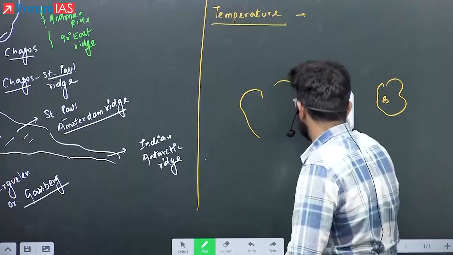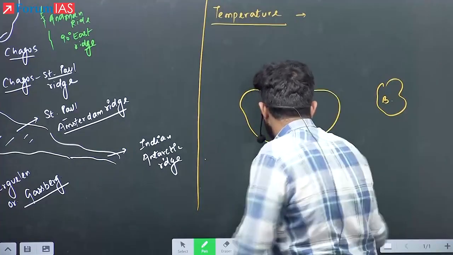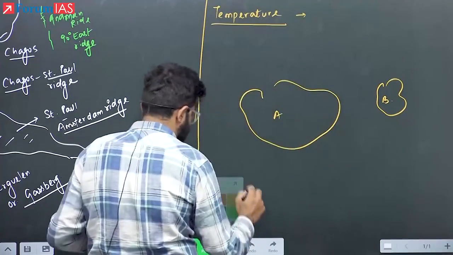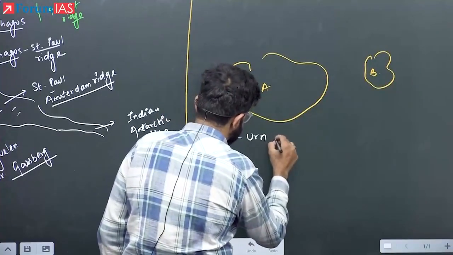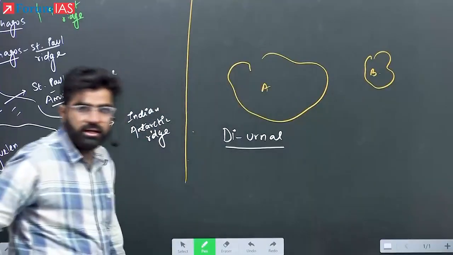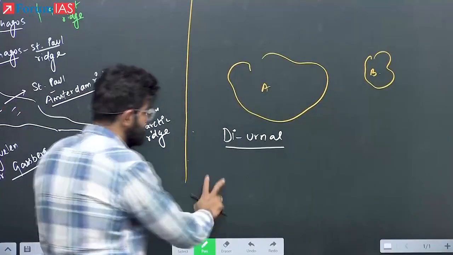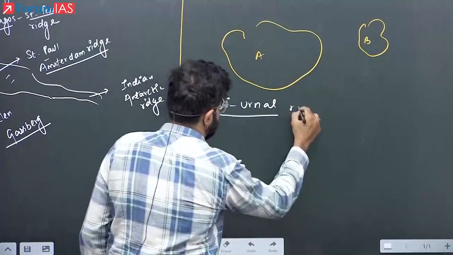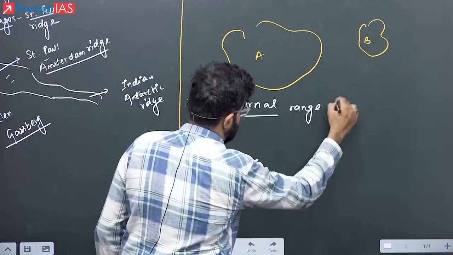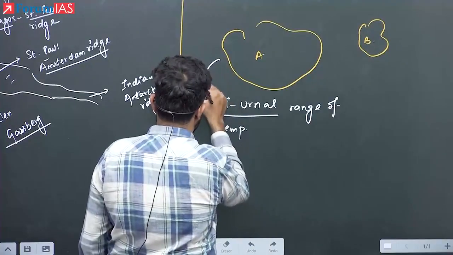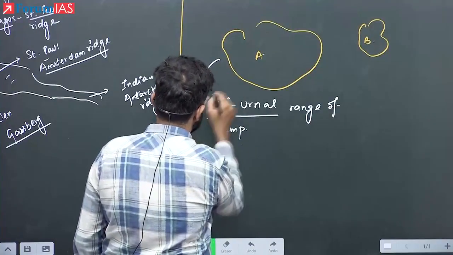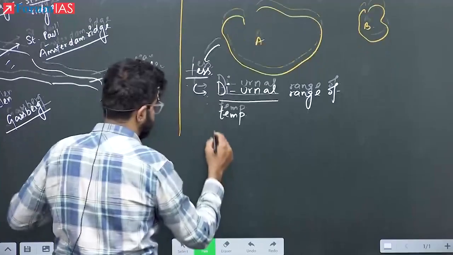So the first thing is, just make this diagram also. The range of temperature we will call here the diurnal range. Diurnal means the difference between the maximum and minimum temperatures in the daytime. Less range is found in this one.